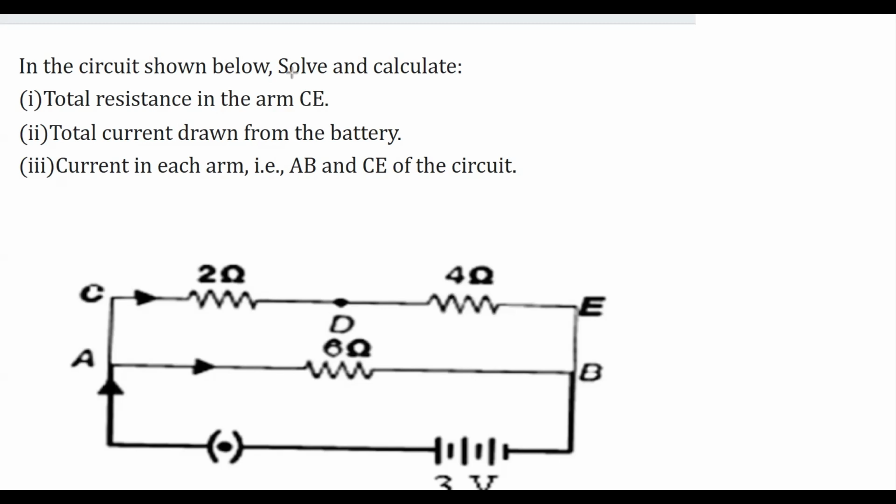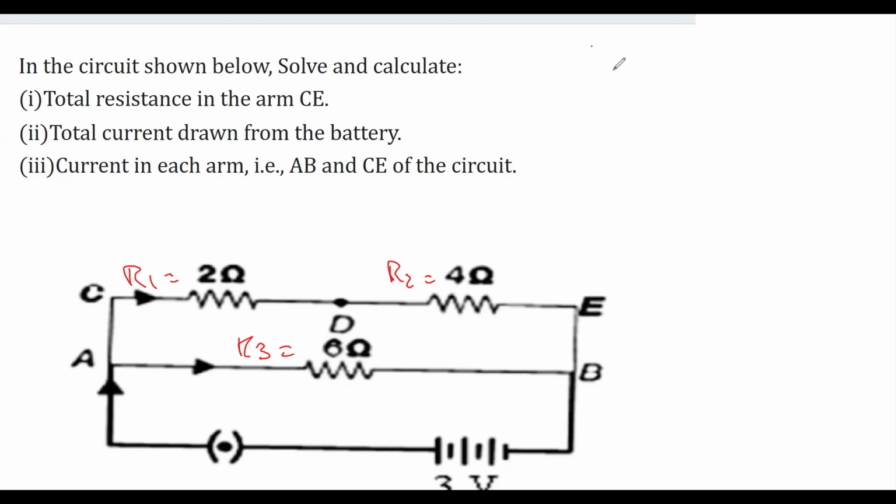So let's say I take this resistor as R1, this as R2, and this as R3. So for the first part, the total resistance across CE, if I use the term R dash here, you can see that R1 and R2 are connected in series.